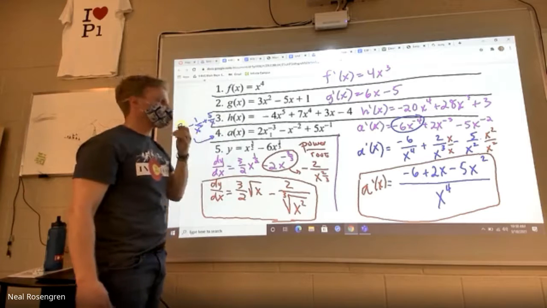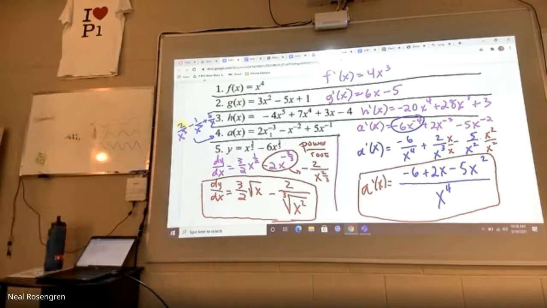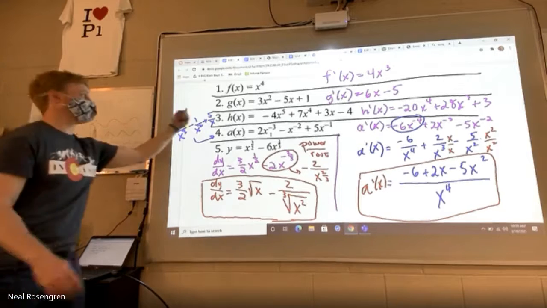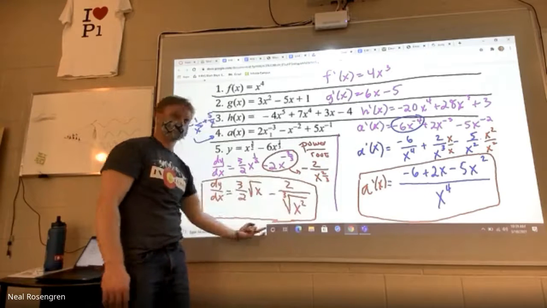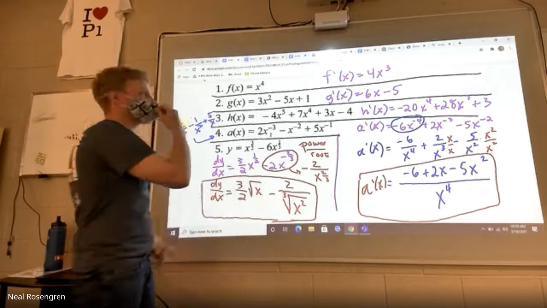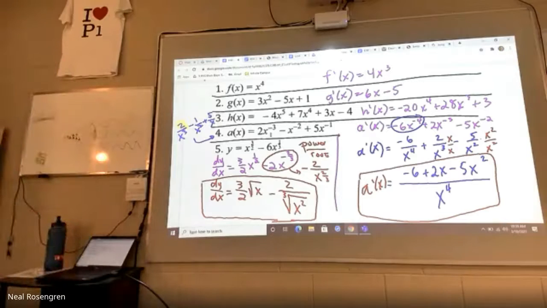The original functions that they provide to us are sometimes written as polynomials or polynomial types, but sometimes they're not. Maybe they look like this to start, or maybe they look like this to start. We're going to have to make some adjustments, just like we made adjustments now to rewrite things to make them look better. We're going to do the same thing to make them ready for the power rule.